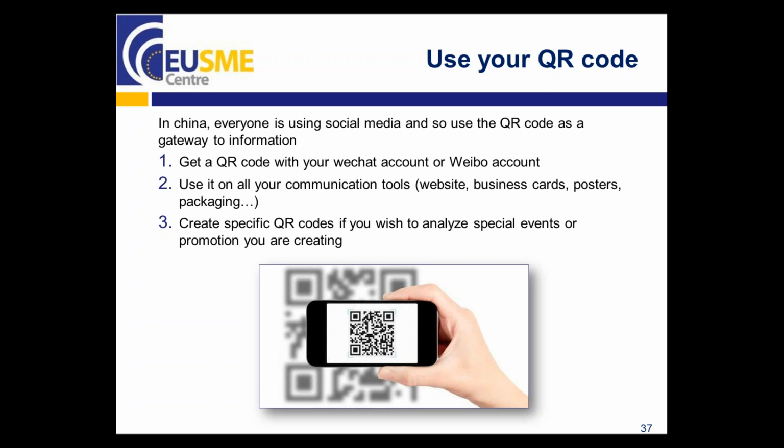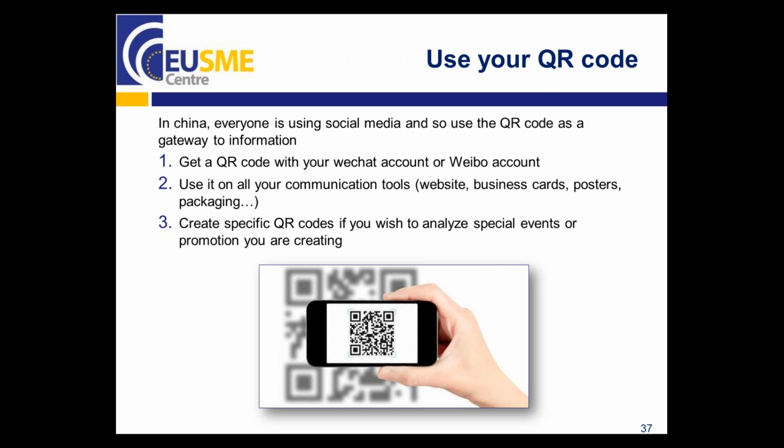So the third element of the implementation is using your QR code. QR code is something that you will get as soon as you register and get an account on WeChat or Weibo. You will get a specific QR code for your company.